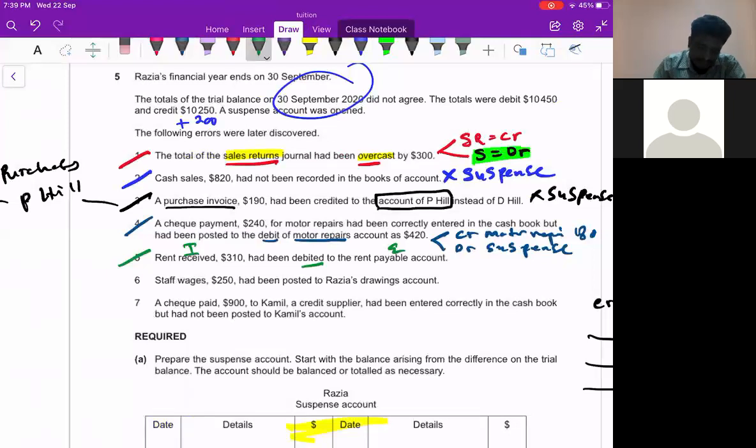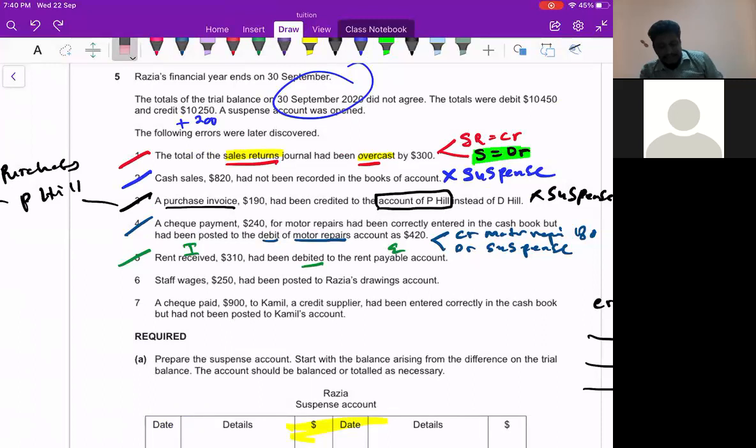Original entry means both sides must be wrong. Debit also wrong, credit also wrong, then only you can use the original entry. Here only one side is wrong. Understand now? Okay, number 5.